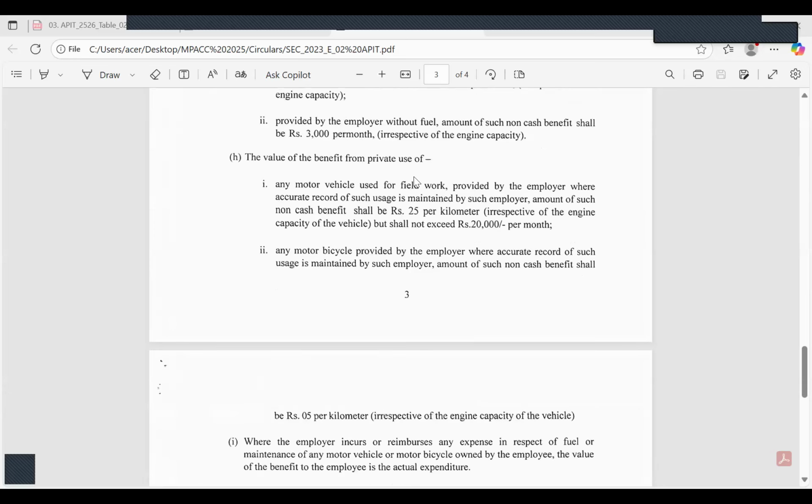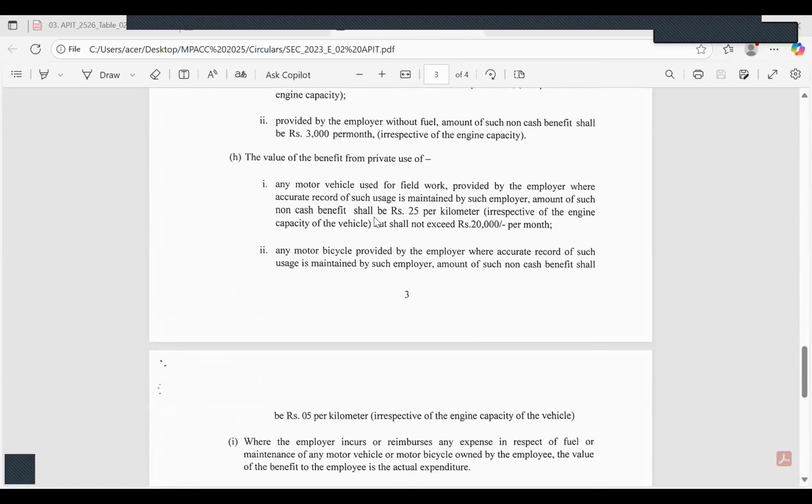The value of the benefit from private use of any motor vehicle used for field work. That means if that person is working in the estate, or as an engineer, they are using vehicles for field work, provided by the employer, where an accurate record of such usage is maintained by such employer, the amount of such non-cash benefit shall be 25 per kilometer, but shall not exceed 20,000 per month.